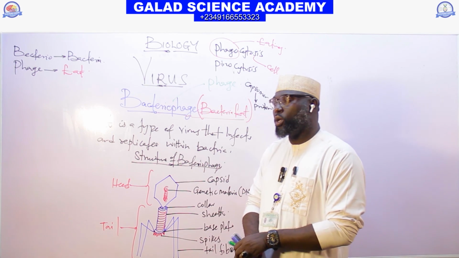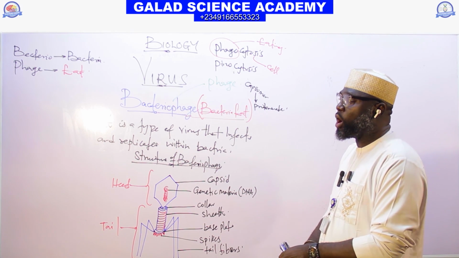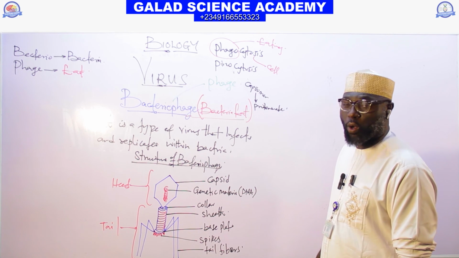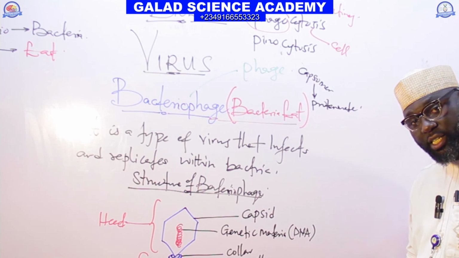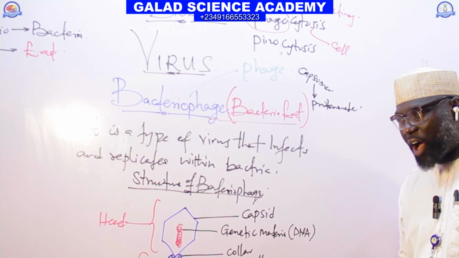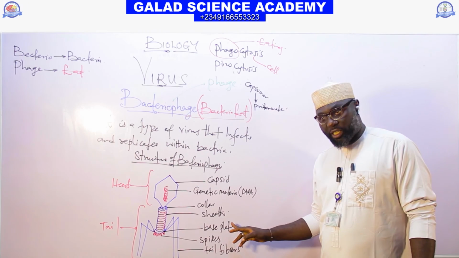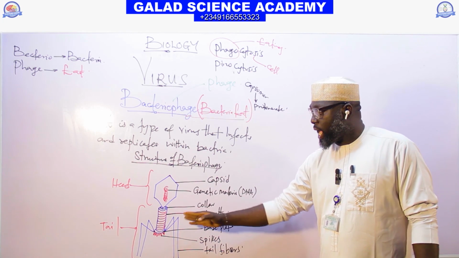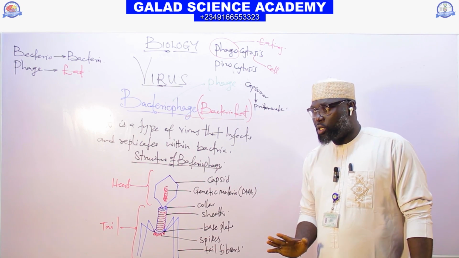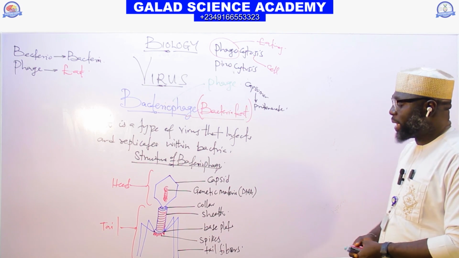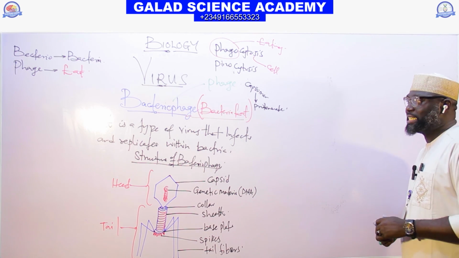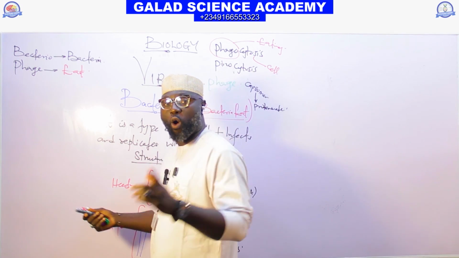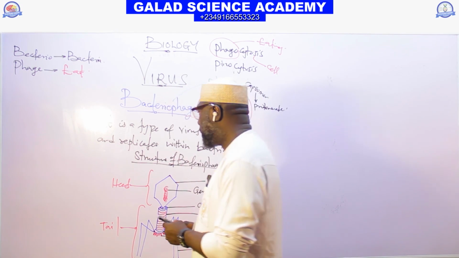That is all about the structure of the bacteriophage. The base plate is used for anchorage. Yes, it gives support to the virus on the surface of the bacteria. And the last thing that I will explain now is the life cycle of bacteriophage.